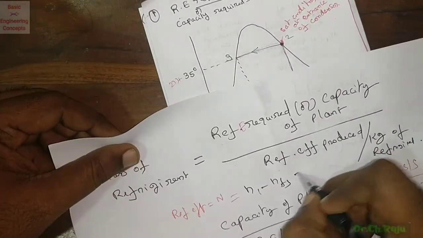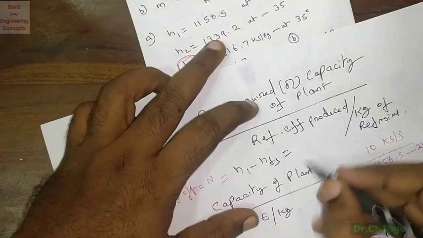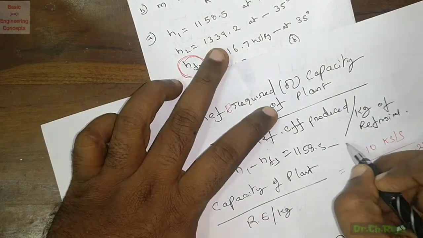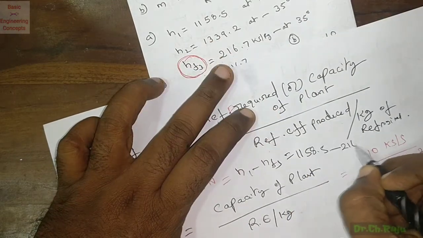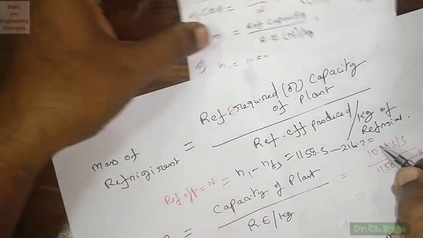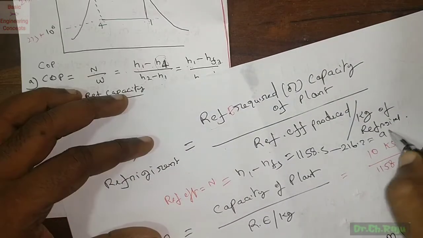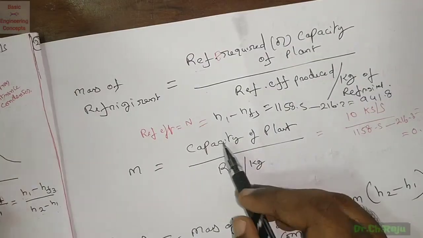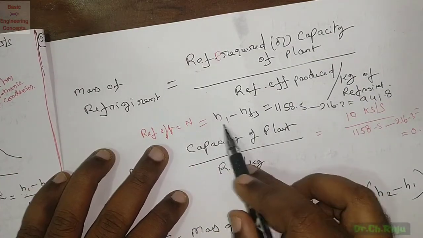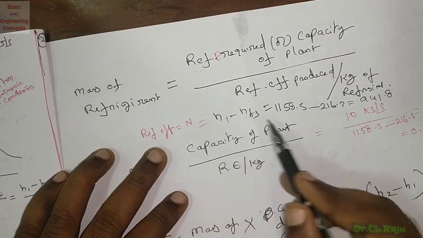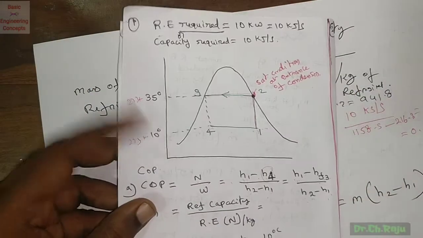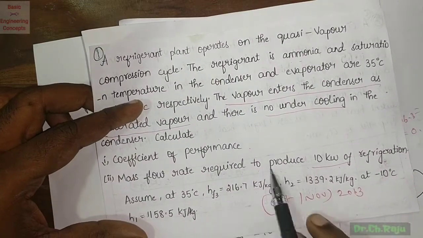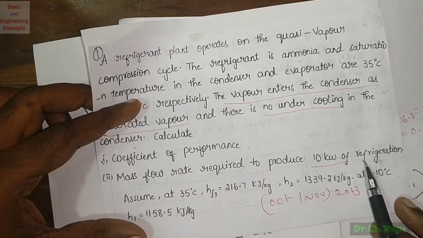So H1 is equal to 1158.5 minus HF3, 216.7, which is 941.8. So the refrigerating effect is calculated as H1 minus HF3. As given in the problem, the mass flow rate is required to produce 10 kilowatts of refrigeration.